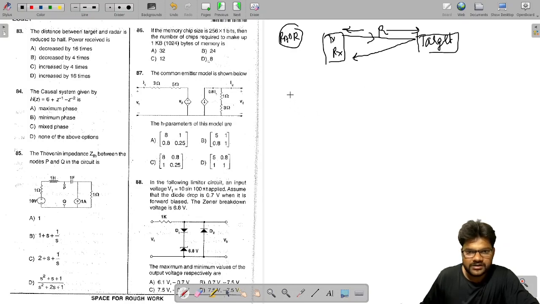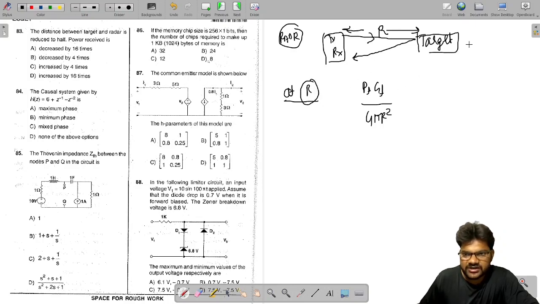Now at r distance, the power density is Pt Gt upon 4 pi r square, where Pt is the power of this transmitter antenna and Gt is the gain of this antenna. This is watt per meter square, power density, and this is the target. Let us call its cross section area sigma. So the power captured by this target will be multiplied by this sigma.